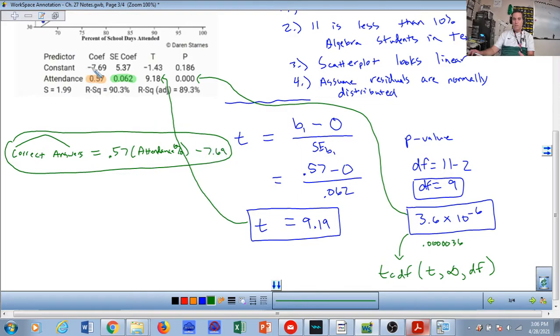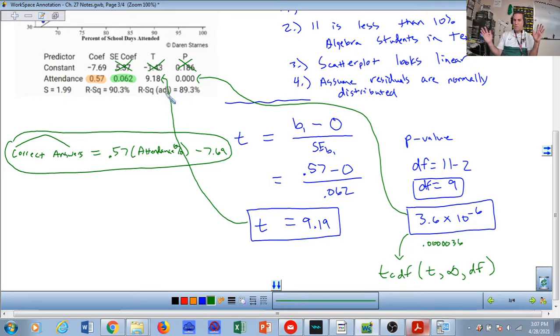How do I know which one's which? The x variable will be listed. The one next to that is the slope, and the other one is the y-intercept. So if they give you these printouts, don't look at these two. These are the y-intercept stuff. We don't even mess with those. Don't even look at the t and the p for the y-intercept, or the standard error.